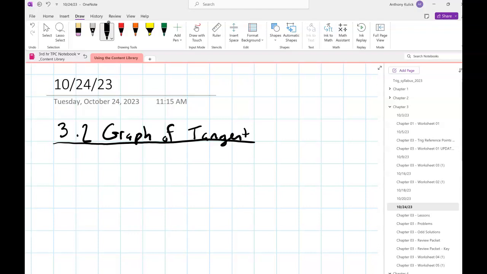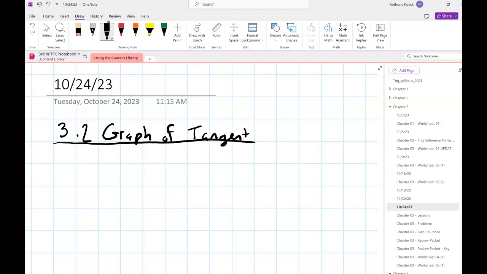This one last section of chapter 3, we're going to talk about the tangent function. All the techniques we're going to use are going to be the same techniques that we did in 3.1, just with some minor modifications because the function is a little bit different.